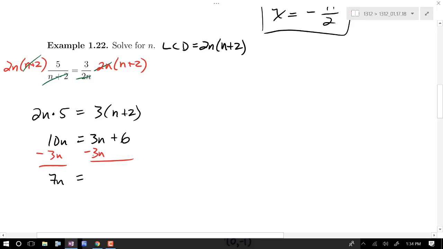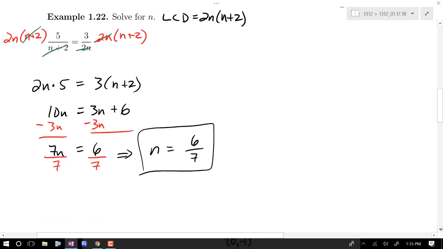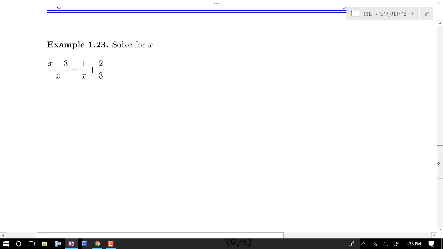And then divide both sides by 7. Let's keep going. Last page.